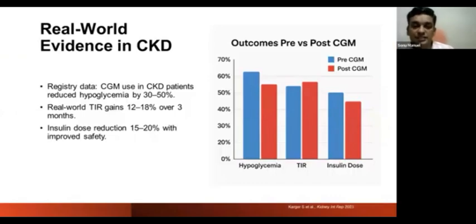And the real-world evidence in CKD shows that CGM use in CKD patients has reduced hypoglycemia by 30 to 50%. Time in range has improved by 12 to 18%, and they were able to reduce insulin doses by 15 to 20% with improved... and high chance of microvascular complications.